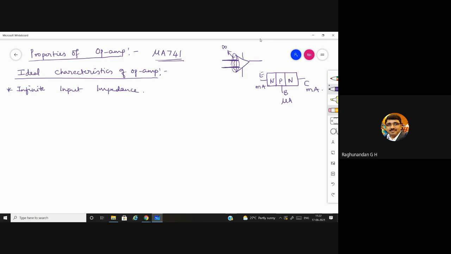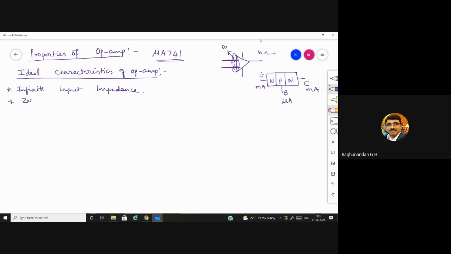Ideally we consider it to have infinite resistance. But practically, it will be some mega ohm, and some amount of current will flow. Ideally speaking, no current is drawn from the voltage source into the input terminals of the op amp, so it is said to be infinity.